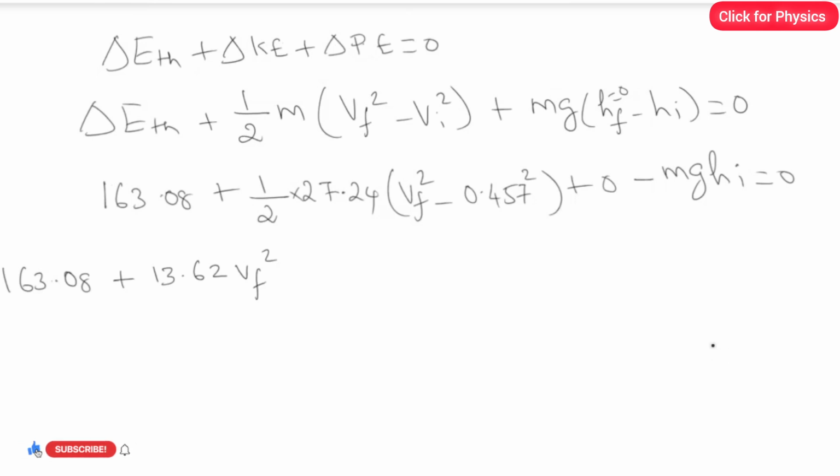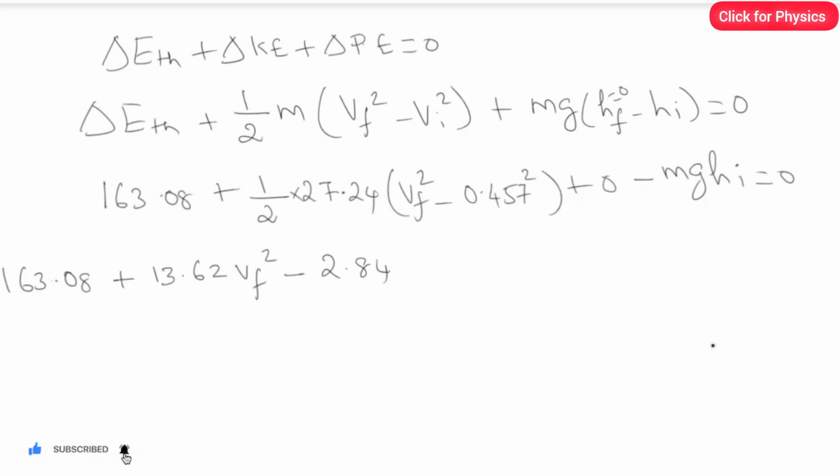So I have to multiply this here, minus 1 multiply 27.24 multiplied with 0.457 square divided by 2, I got the answer 2.84. So here I'm going to 2.84.